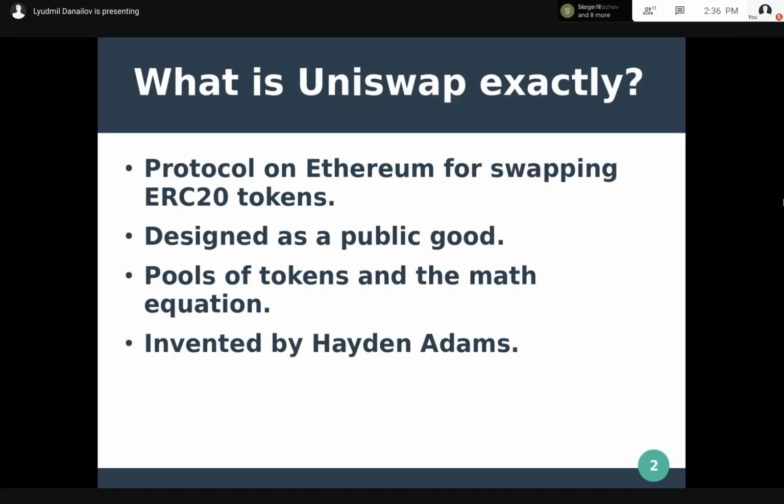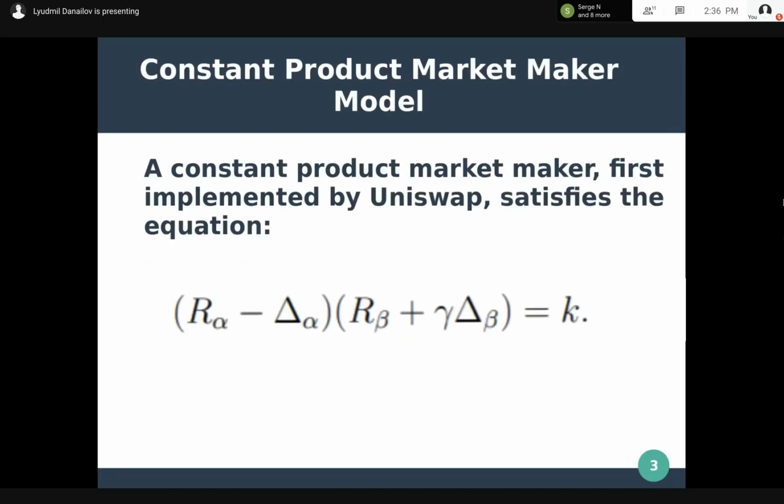So about the maths. Uniswap's main distinction from other decentralized exchanges is its use of a price mechanism called the constant product market maker model.